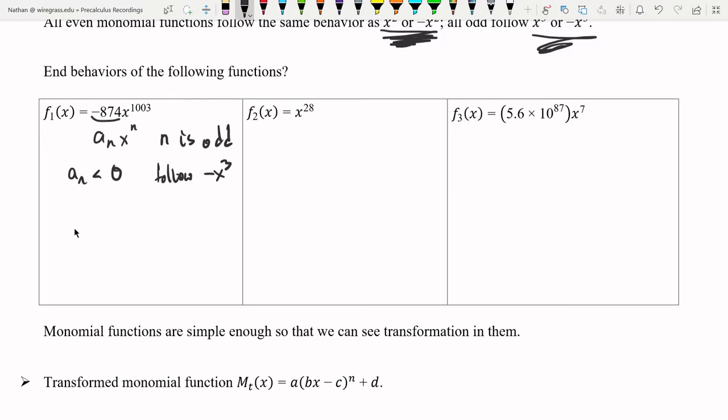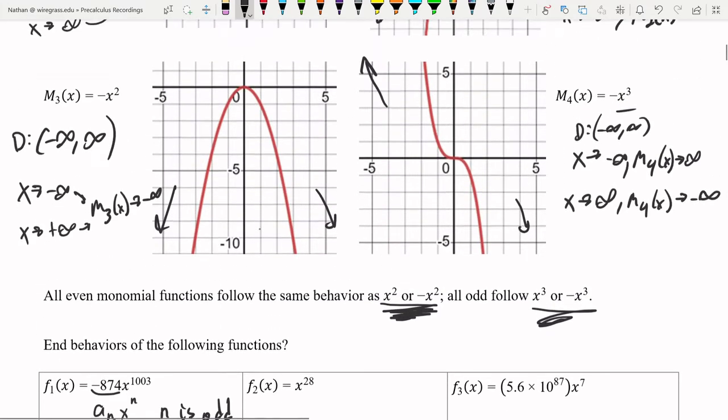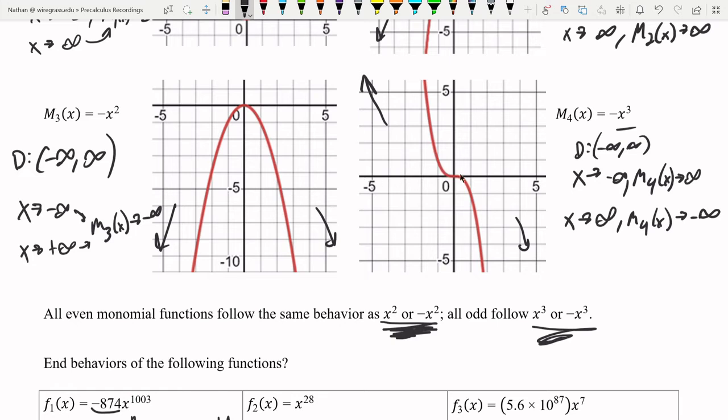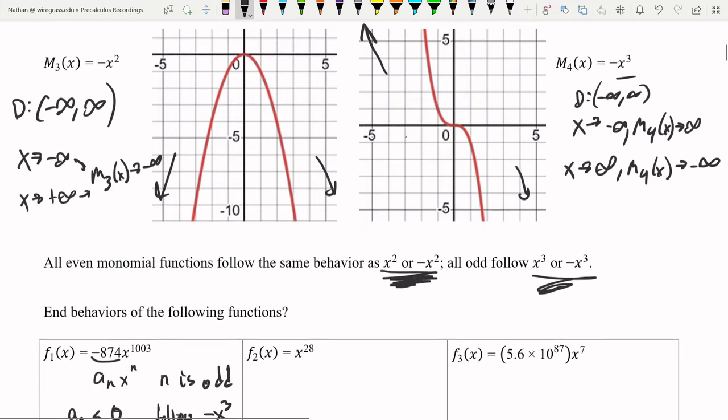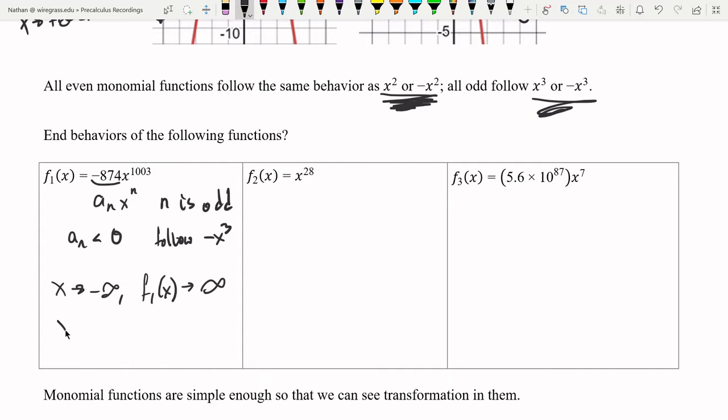If we go up to the left, down to the right, that means f1 of x, just do it like this, as x goes to negative infinity, as it goes to the left, the function goes upward. And as x goes to the right, the function goes downward.